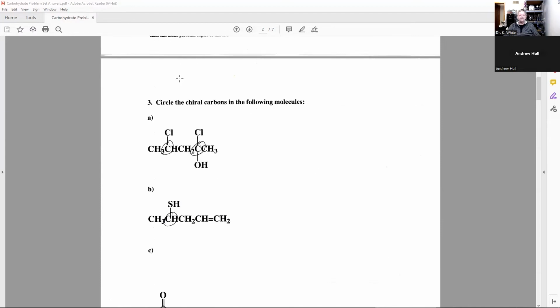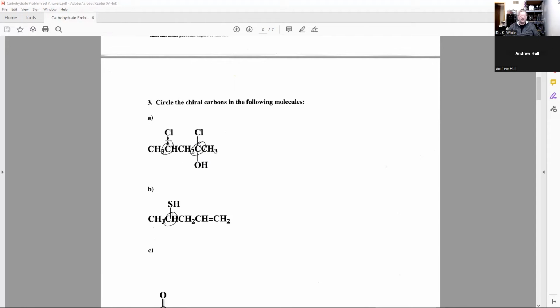Next, circle the chiral carbons in the following molecules. Now, as I taught you in lecture, if a carbon has two or more of the same atom or group, it's out. Therefore, this CH3 is out, this CH2, this CH3 is out, two or more hydrogens.